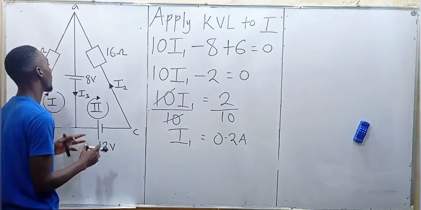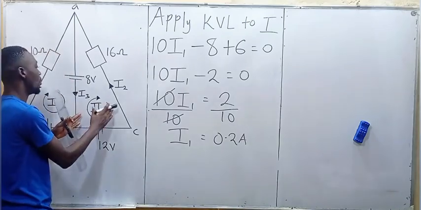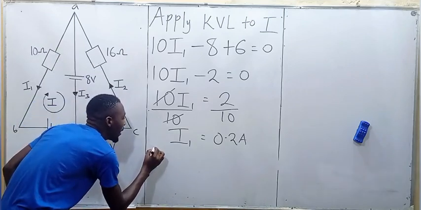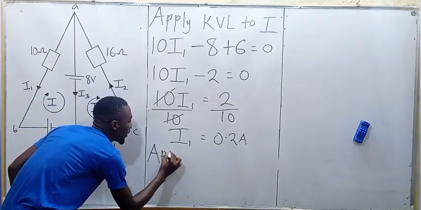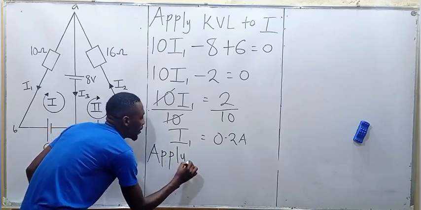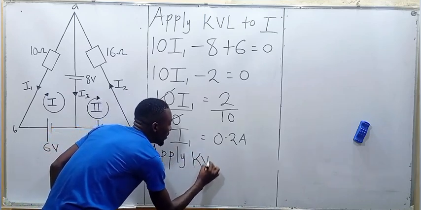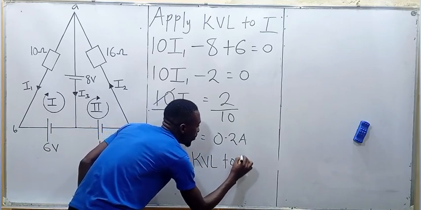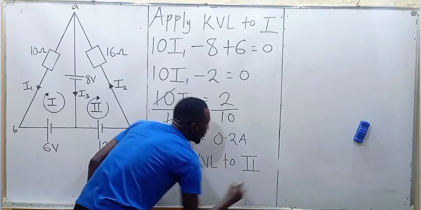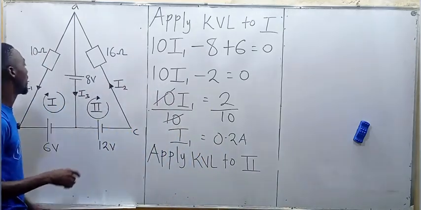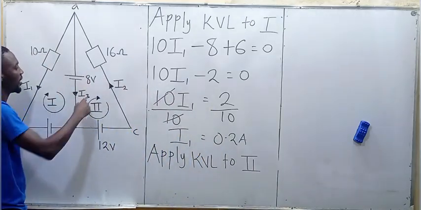Again, we apply KVL to loop 2. We are moving in this direction.